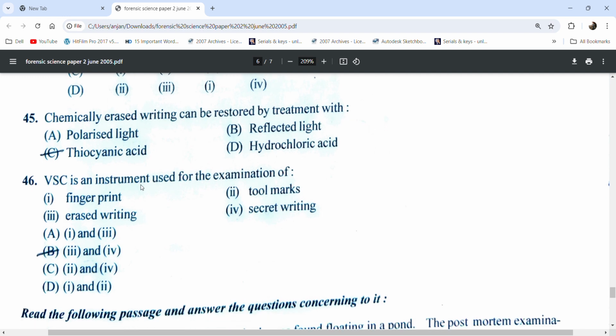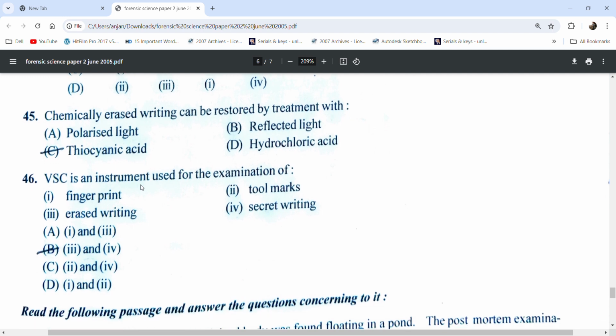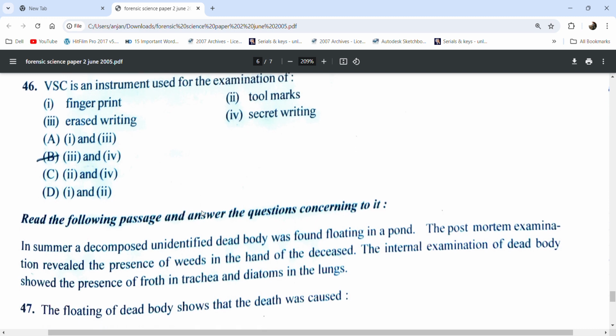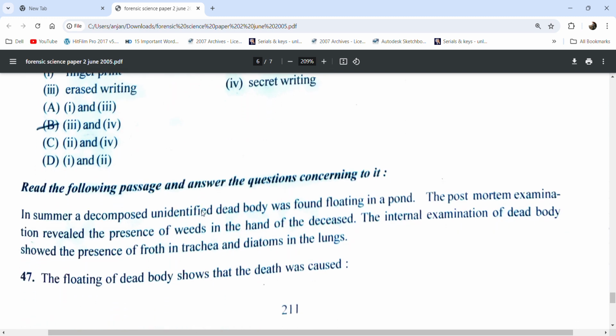Chemically erased writing can be restored by treatment with thiocyanic acid. VSC is an instrument used for examination of third and fourth: erased writing, secret writing. Video spectral comparator.